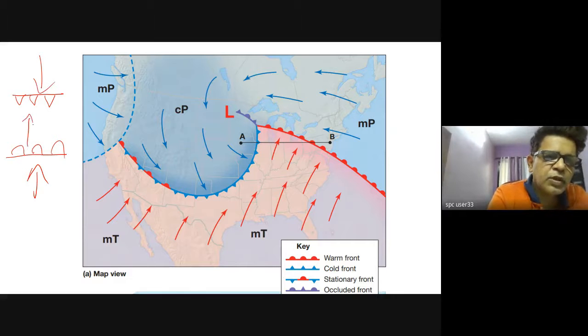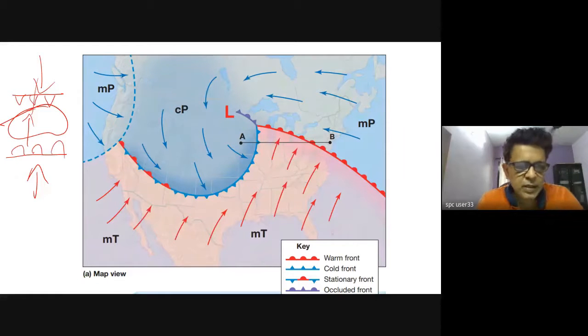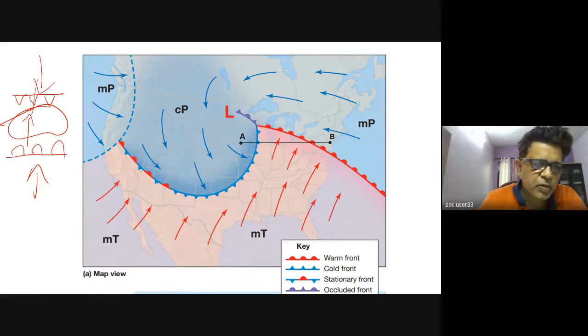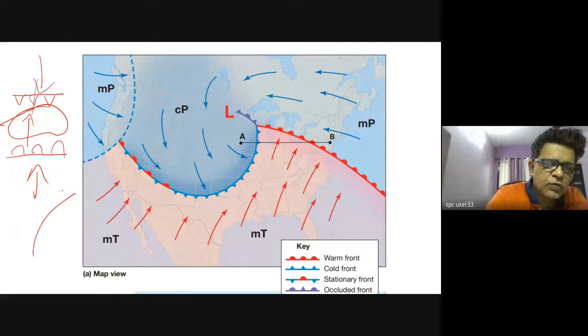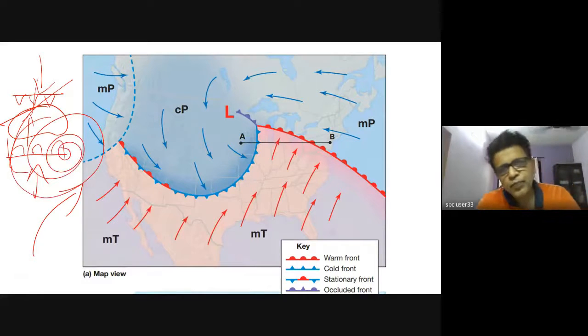They should have approached each other and had a mixing here, but that doesn't happen, because this has to move this way, this has to move this way, and in that process they are going to form a cyclone.